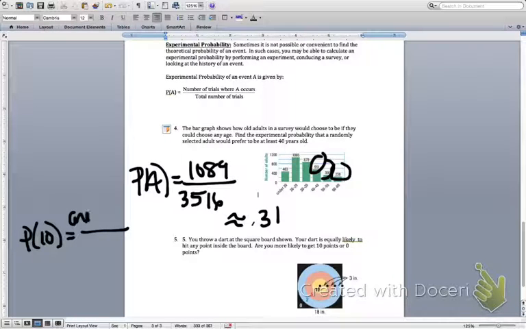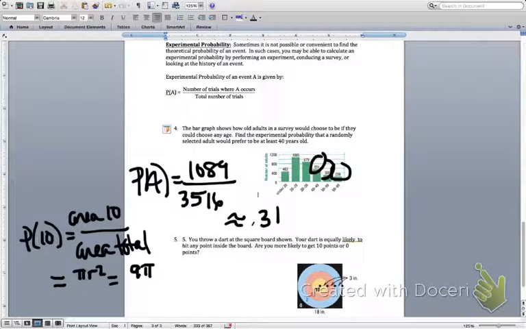The area of the 10-point circle over the area in total. So when we look at the area of the 10-point circle, we see a radius of 3, so it would be pi r squared, or 9 pi, since that radius is 3.